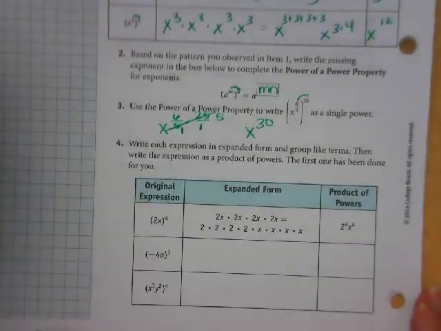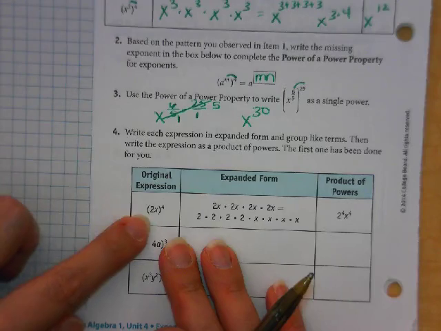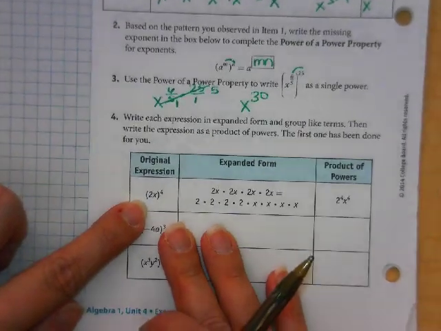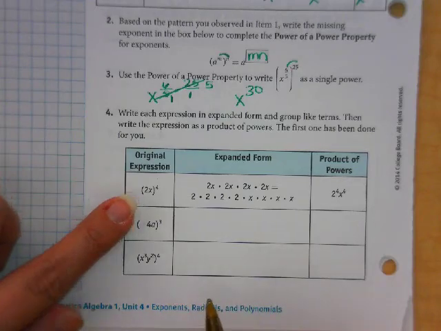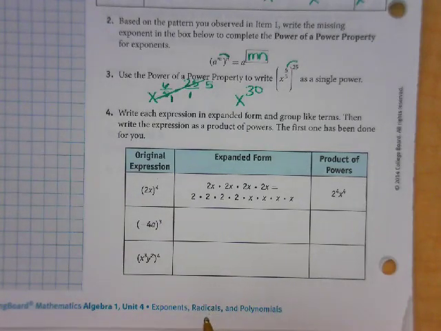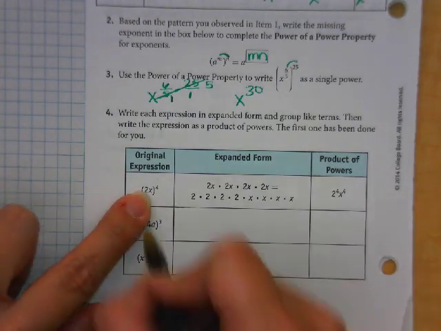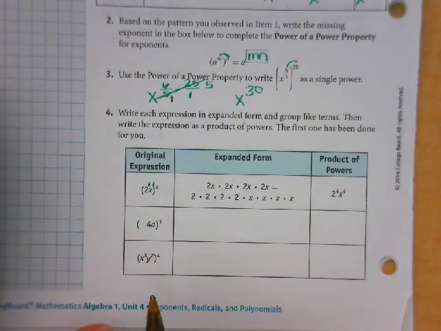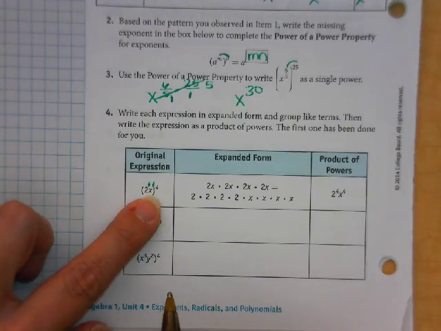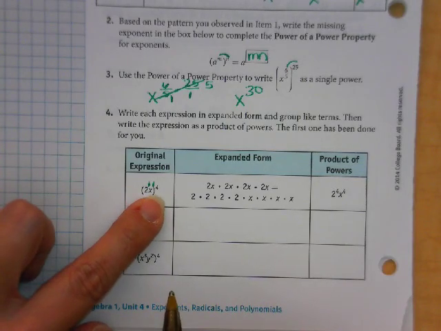In like manner, we can also do that when we have a group inside our parentheses. We talked about a while back, when you have a number with no exponent, this is really an exponent of 1. So this is really 2 to the 1st times x to the 1st, all to the 4th power.